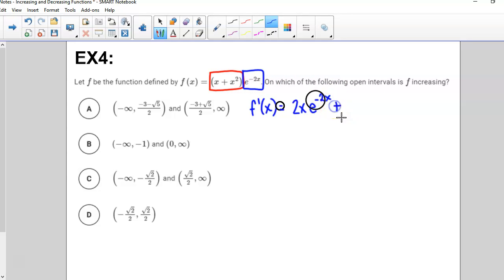Then we have to do plus, yes, almost. It is going to be e to the negative 2x, but because you've got something in that exponent, you'll have the negative 2 out front, right? Because you got to take that derivative of the negative 2x. So our derivative of the blue is that, and then what do we multiply it by?